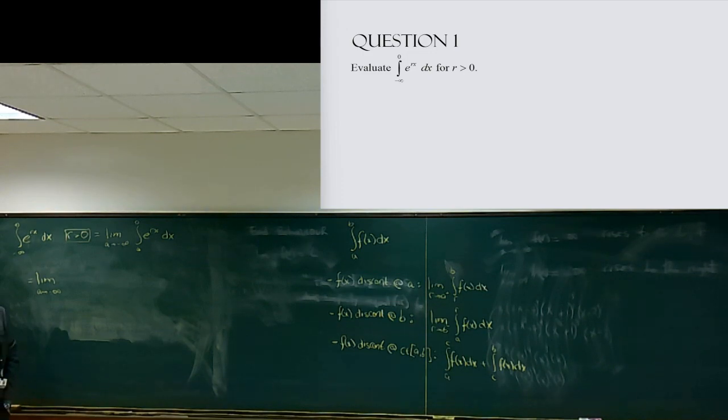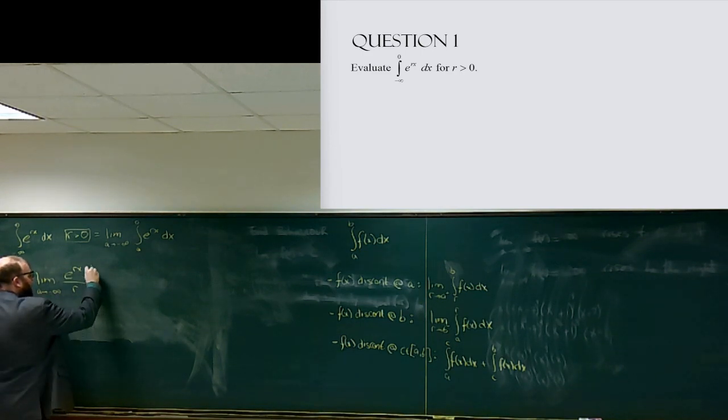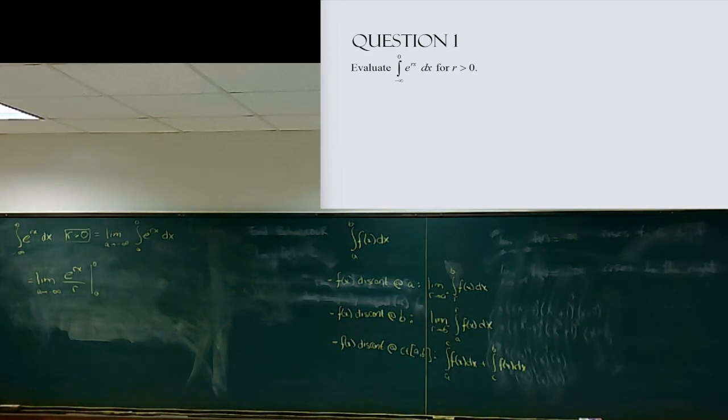What is du with respect to x? It's just r. So it's over r, not over x. That'll be evaluated from a to 0.